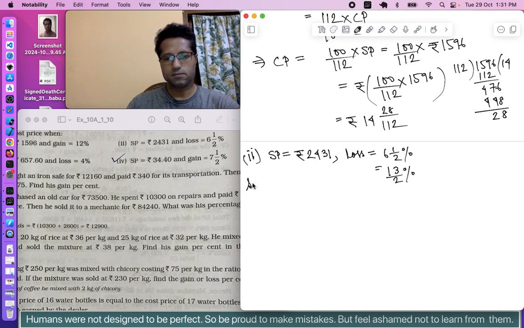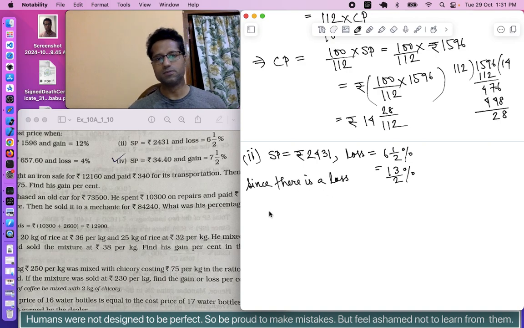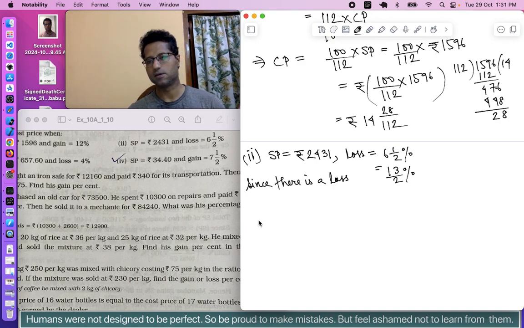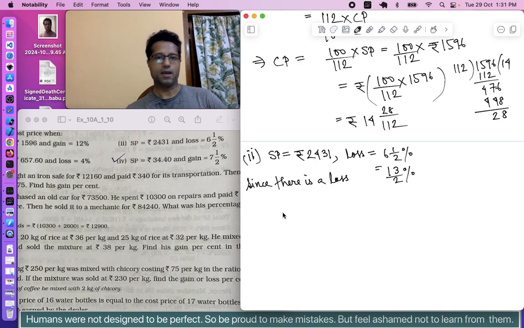Now since there is a loss, if you solve this problem systematically from the very fundamental concepts, then you will not make any mistakes. Instead of memorizing all the formulas, look at what is given and what you are asked, and based on that decide what formula you will apply. If you can remember the formula, that is fine, but it makes no sense to remember a hell of a lot of formulas.